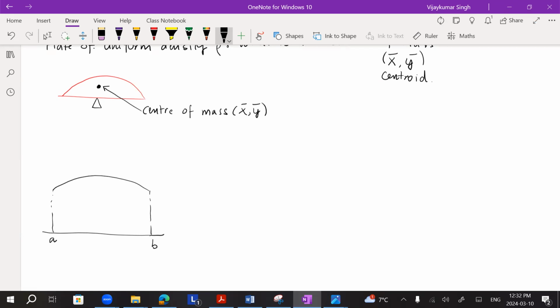And then I'm going to break this into some number of intervals. We have x1, x2, x3, x4. Now we are going to make rectangles, similar to a Riemann sum. So you can choose rectangles.